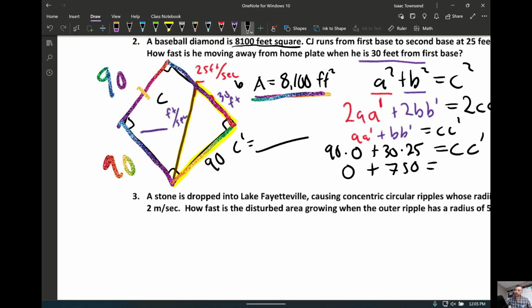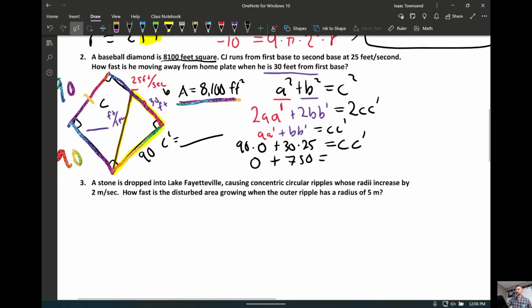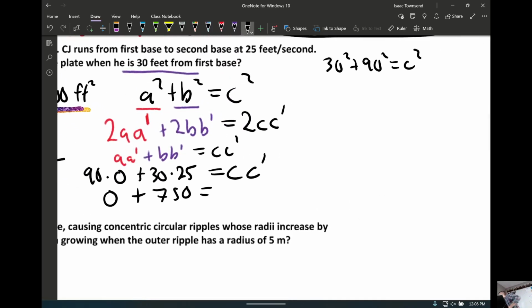But now that I know all the side lengths are 90, how could I maybe find this length? Good. I know a leg is 30, a leg is 90. I could solve for the hypotenuse. So to find C, we've got to sidebar over here and say, within that right triangle, I know leg squared plus leg squared equals hypotenuse squared.